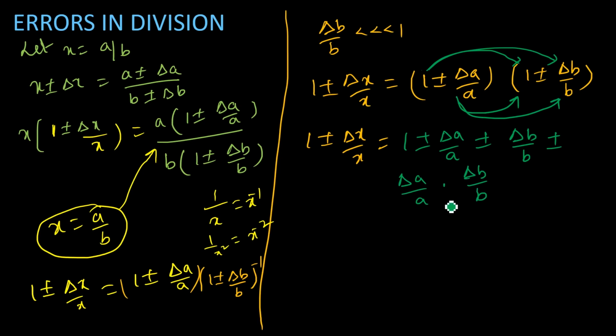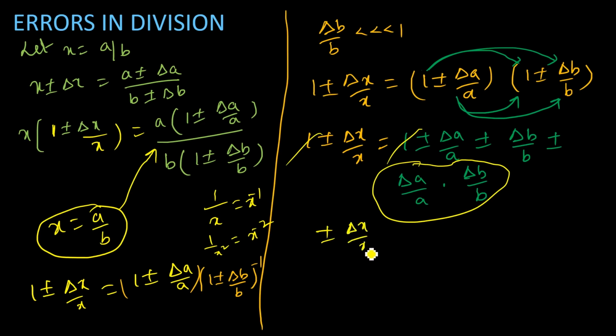These values are small quantities, so after multiplying, you can remove that. Then the 1 gets cancelled, and plus or minus delta x by x equals plus or minus delta a by a plus or minus delta b by b.